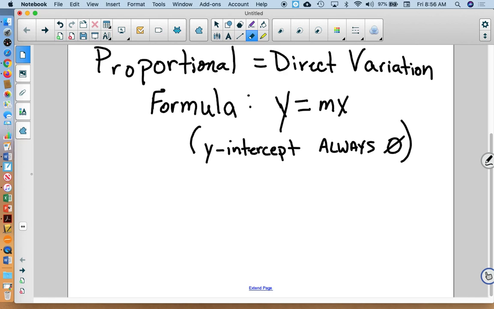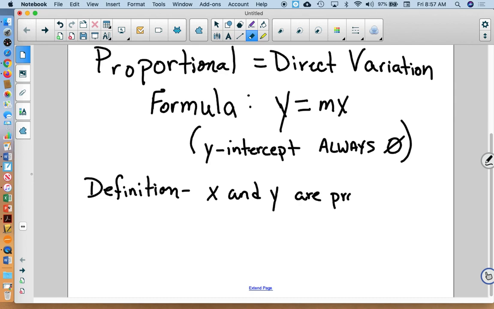And that is the definition for direct variation: x and y are proportional, or two quantities. X and y are the variables, but this technically is the two quantities.